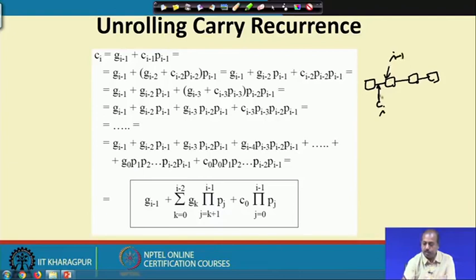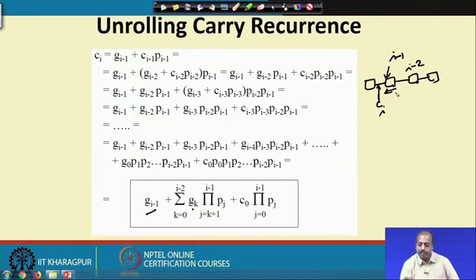From the i minus 1th stage I have got the carry C i. So, C i is either generated at the i minus 1th stage, that is given by this g i minus 1, or in the i minus 2 stage the carry was generated and this stage just propagated it. So, this is g, k equal to i minus 2. It is generated at the i minus 2 stage and propagated at the i minus 1 stage.